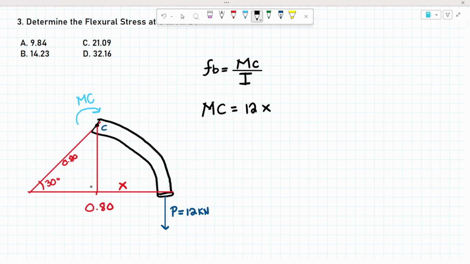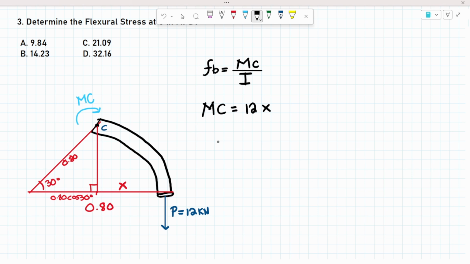Now, how do we solve for X? Okay, we solve for X, this is 0.8 meters, meaning X must be less than 0.8 meters. Now, we need this distance. As you can notice, if we consider this right triangle here, this is the hypotenuse, this is the adjacent side, meaning the distance here is simply 0.8 cosine 30. Okay?